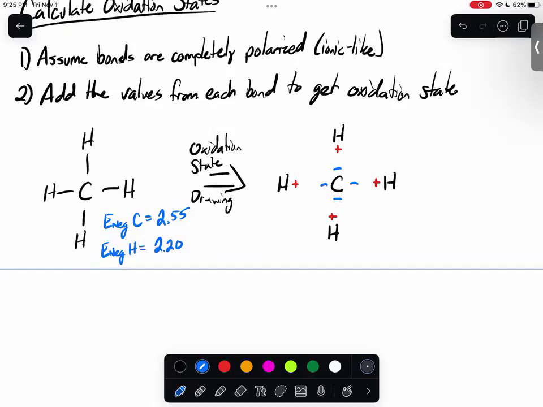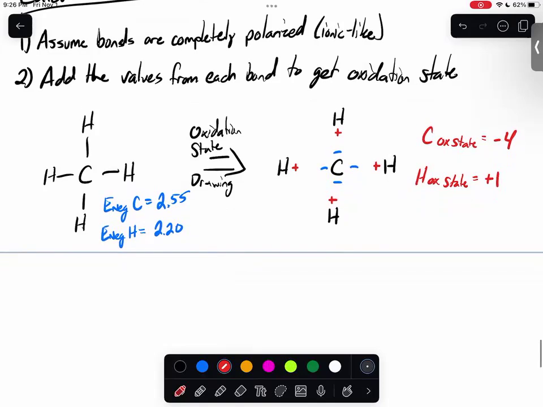So if we calculate our oxidation states, the carbon oxidation state is equal to -4, because there are four negative charges on the carbon. And then our hydrogen oxidation state is equal to +1, because each hydrogen just has a plus and we count them all as separate. So each hydrogen is in a +1 state. Essentially, you're just going to find the electronegativities, determine which way each bond goes, and then assign oxidation that way.